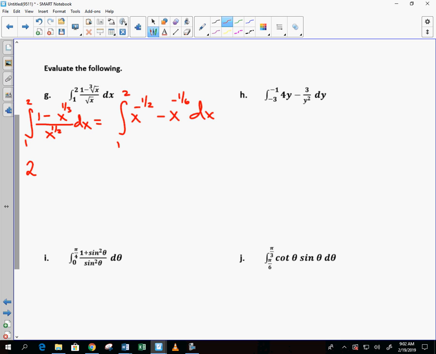If I add 1, it would be x to the 1/2 divided by 1/2, and dividing by 1/2 is the same as multiplying by 2. So 2 roots of x. Minus, if you add 1 to negative 1/6, you get 5/6. If you divide by 5/6, it's the same as multiplying by 6/5. So x to the 5/6.